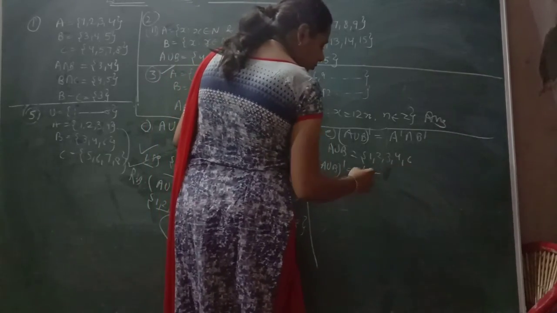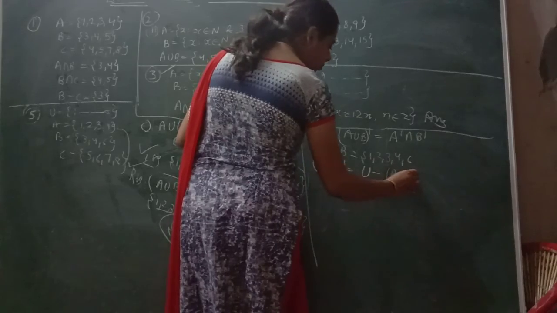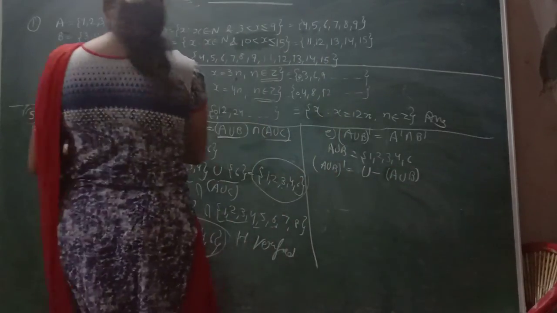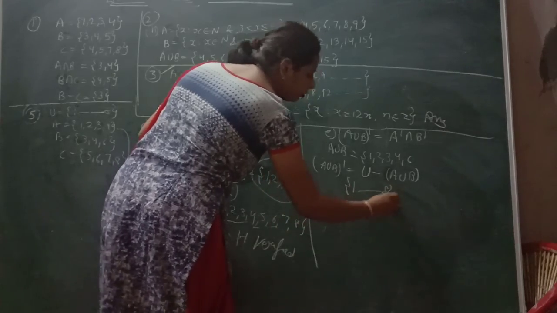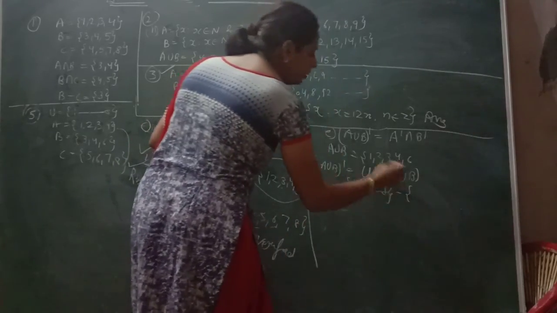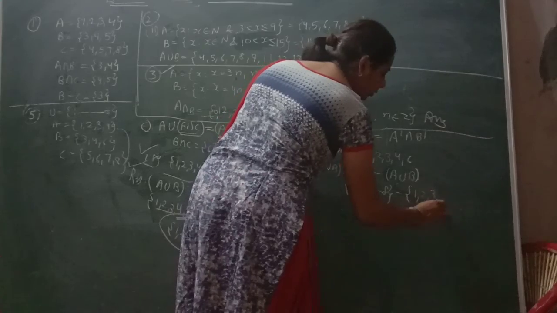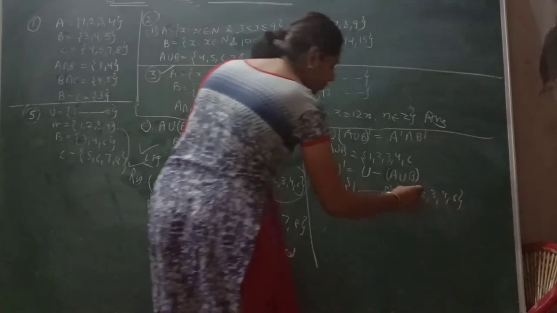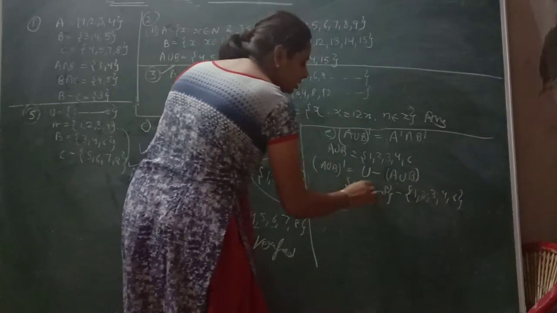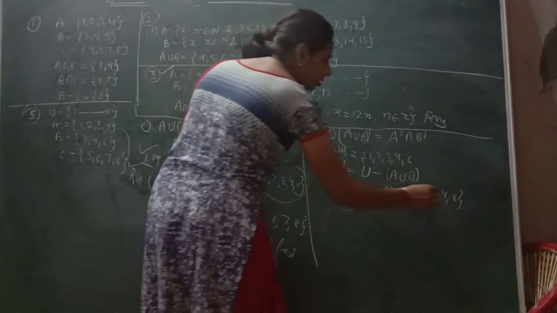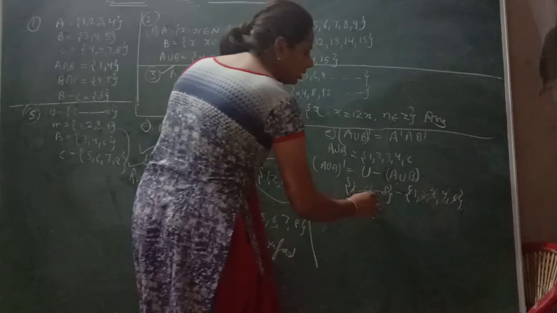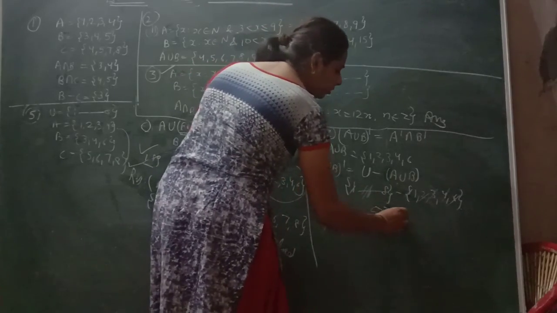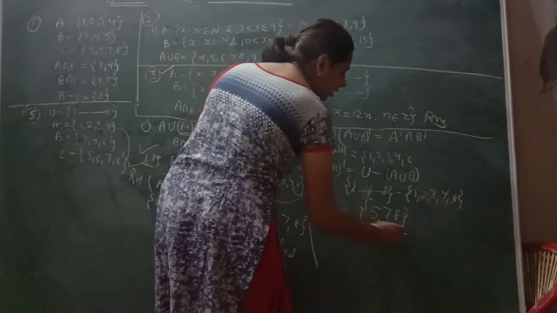So you have to subtract A union B from the universal set, and the universal set is 1 to 8. So from 1 to 8 you have to subtract A union B, that is 1, 2, 3, 4 and 6. 1 will be cancelled here, 2 will be cancelled, 3 will be cancelled, 4 will be cancelled, 5 will be left, 6 will be cancelled, 7 will be left and 8 will be left. So this is your left hand side.